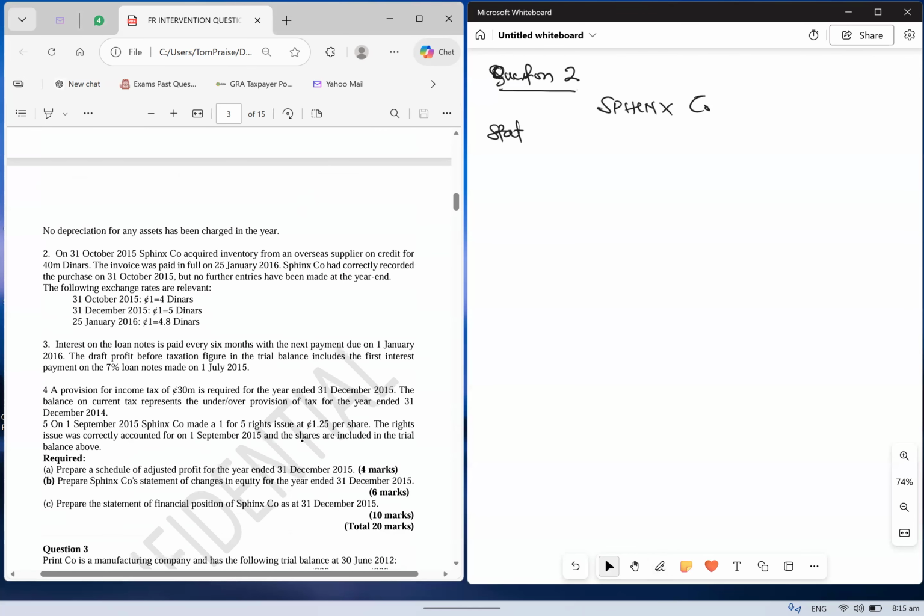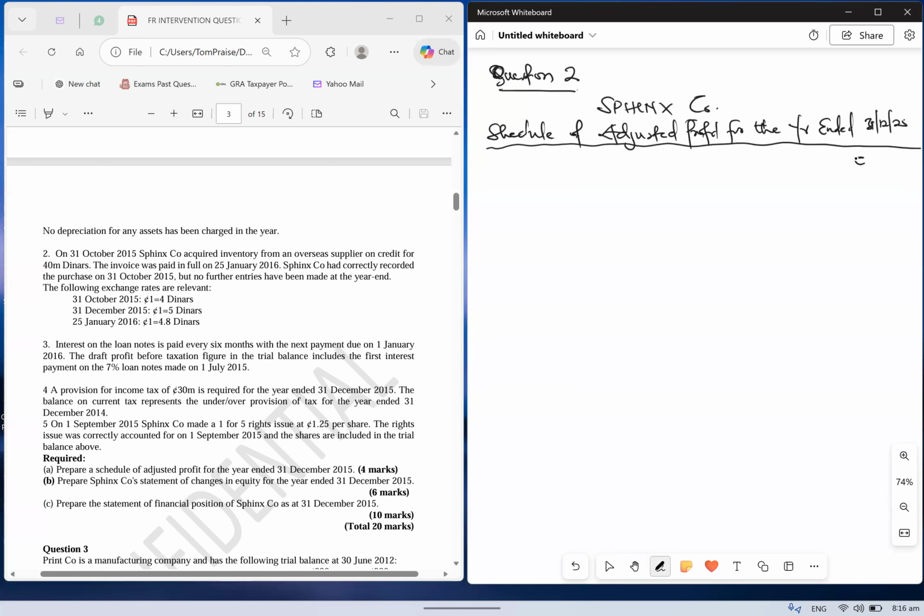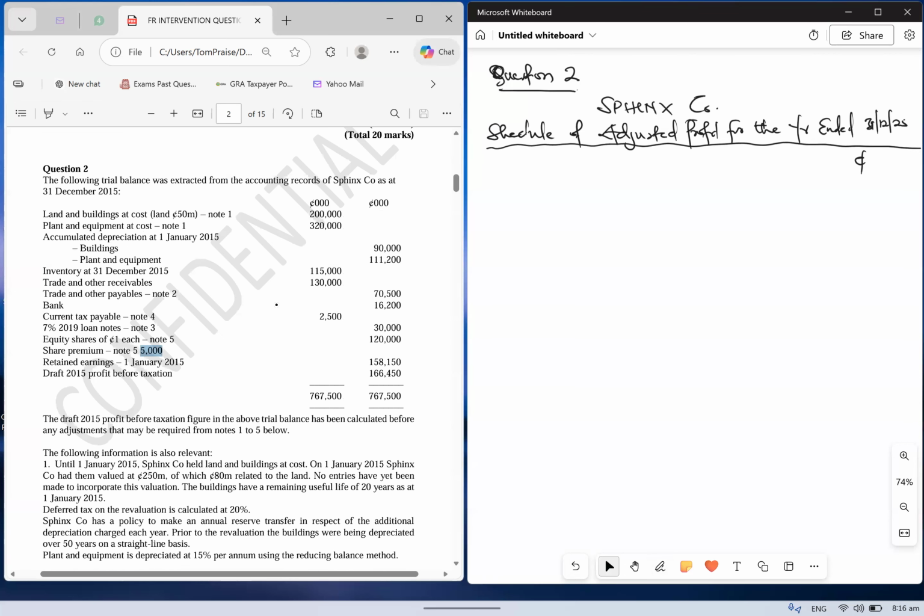We are supposed to do a schedule of adjusted profits for the year ended 31st December 2015. Put in our currency. Is there a need for us to put 000s at the top? Yeah.